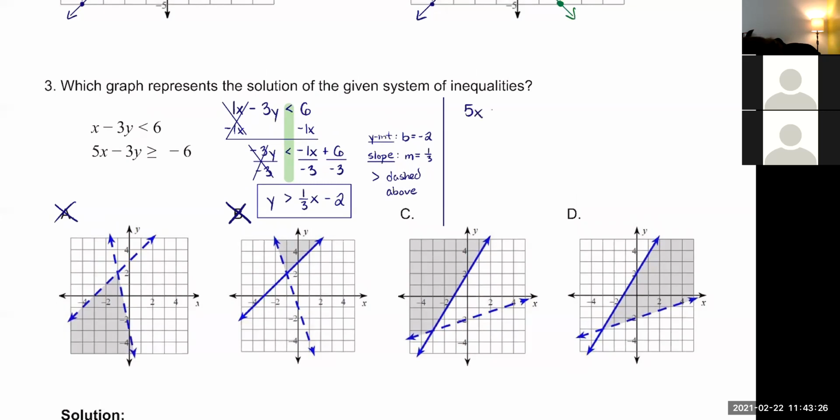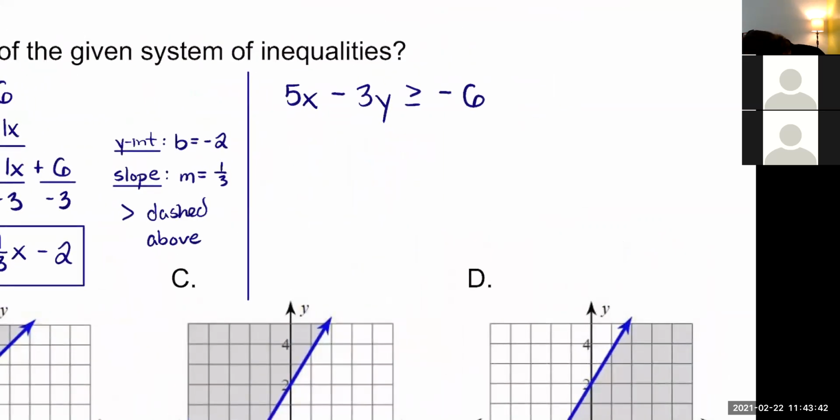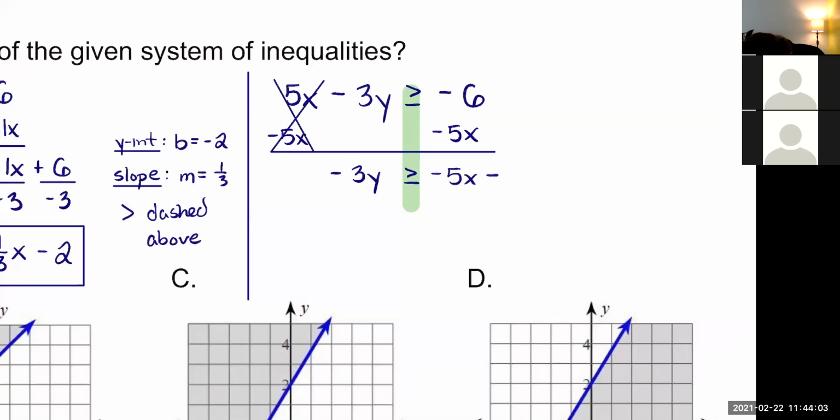5x minus 3y is greater than or equal to -6. If I can get that y by itself, I can list the 4 pieces of information for that one to make my final decision. So first subtract 5x from both sides. Leaves me with -3y is greater than or equal to -5x minus 6.